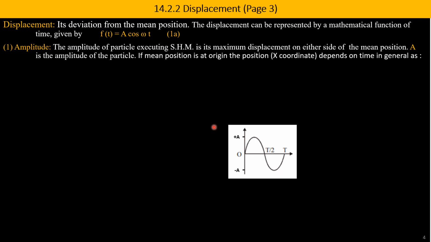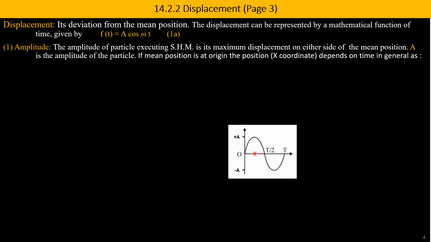The amplitude. Amplitude of a particle executing simple harmonic motion is the maximum displacement on either side of the mean position. In the graph, please see the axis along the x-axis represents the time and the amplitude is represented on the y-axis.